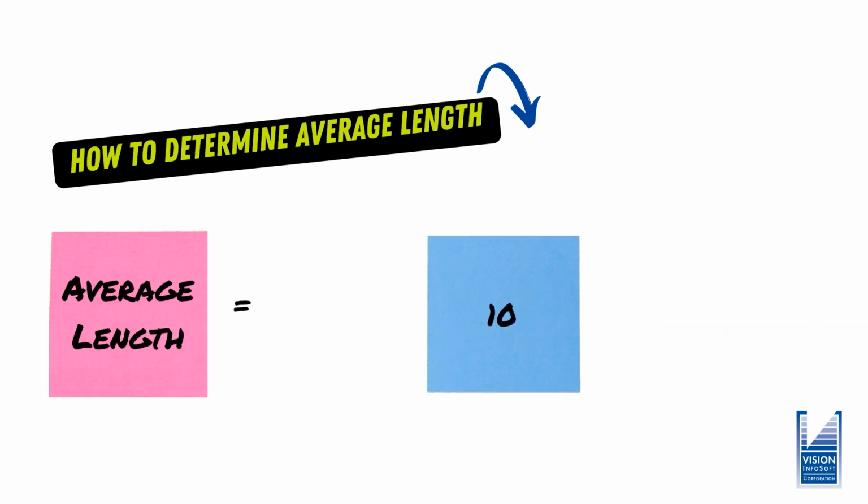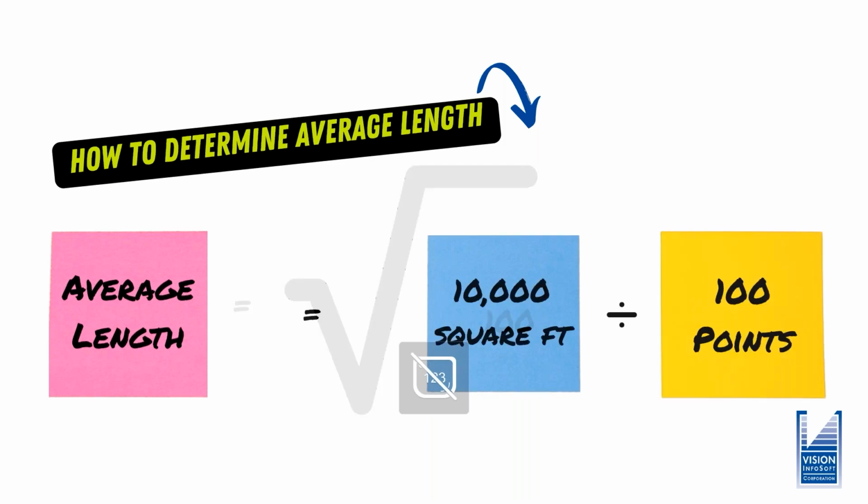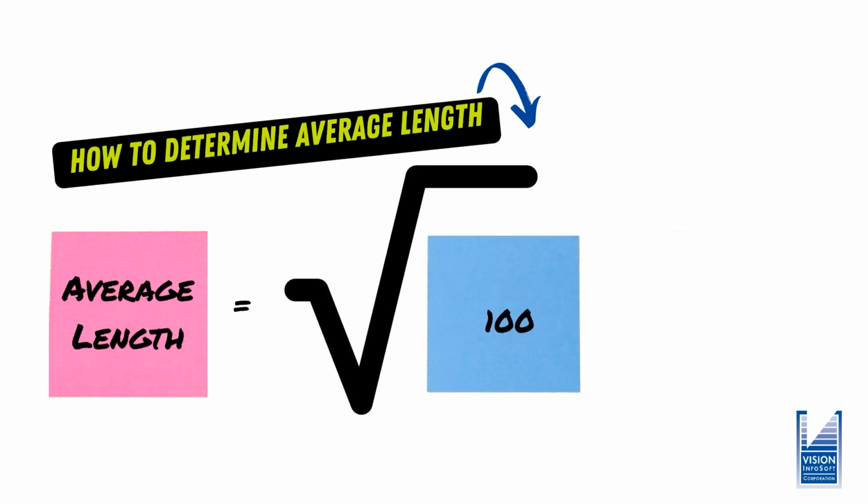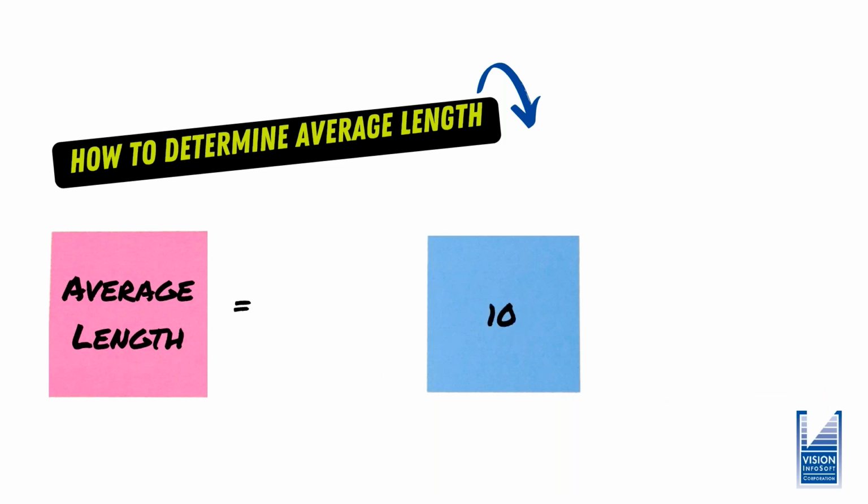That gives you a result of 100, and then take the square root of 100, which is 10. So that's the average length in that particular situation where you've got 10,000 square feet and you've got 100 electrical items. The average distance between the points is going to be 10.